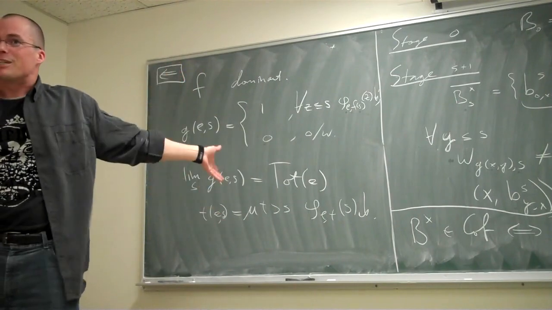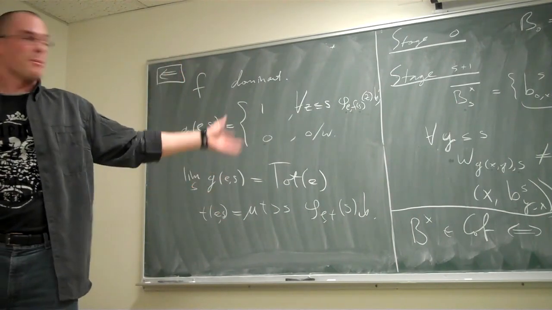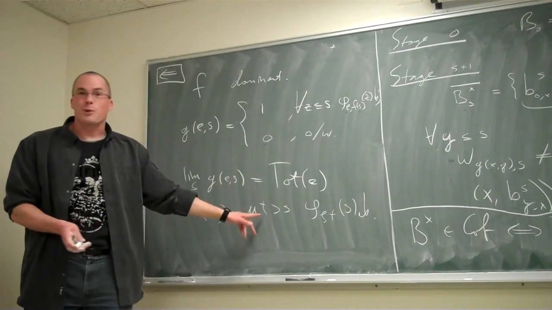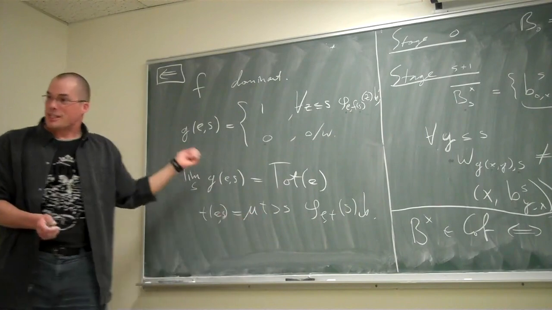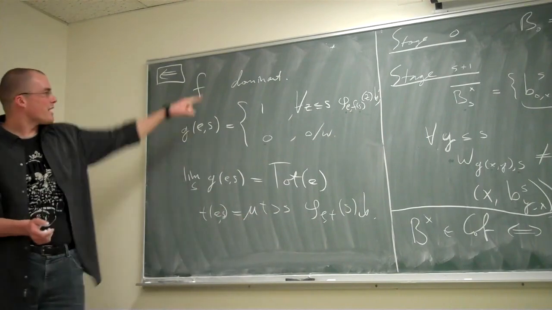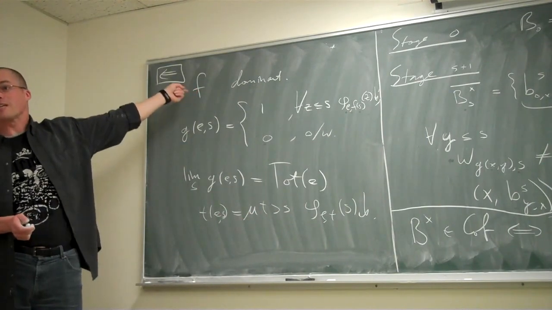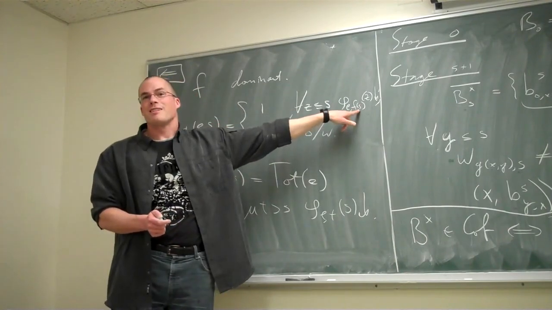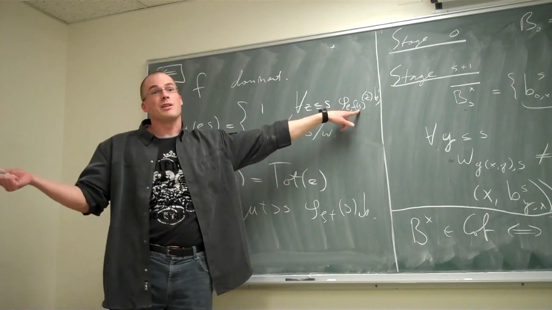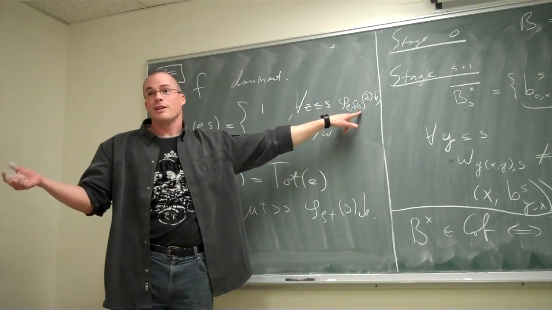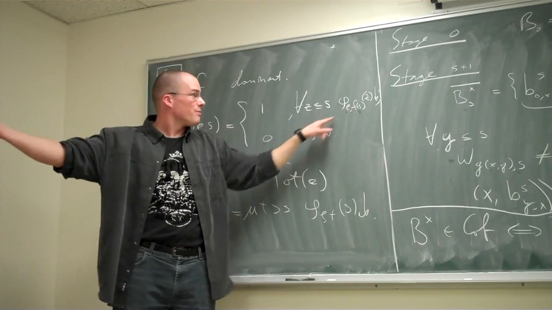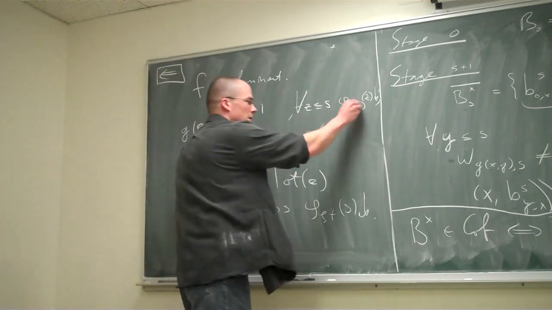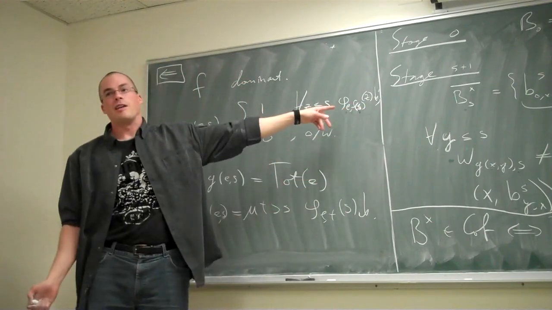Now, if it doesn't converge, it's a partial function. But if phi of e is total, then this search works for all functions. Therefore, this is a total function. Therefore, f, which is dominant, dominates it. Therefore, from some point on, f of s is greater than this time which it takes for this thing to converge. Therefore, from that point on, for all input values, you get this.